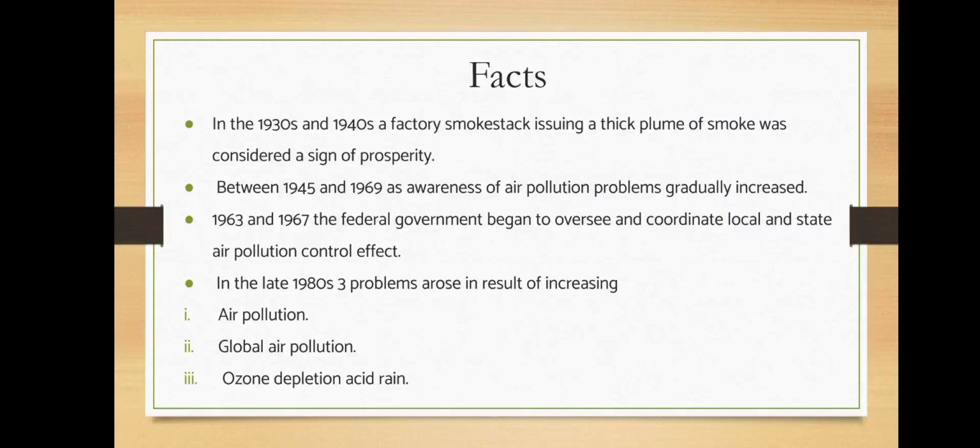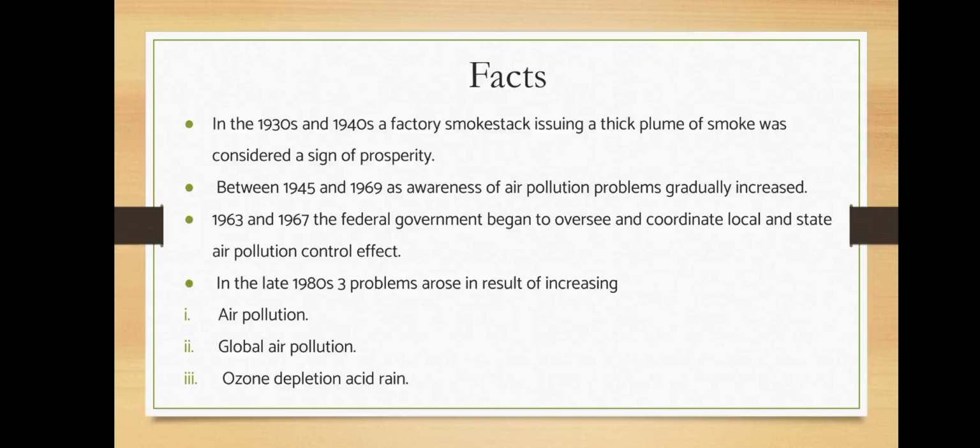In the 1930s and 1940s, a factory issuing a thin plume of smoke was considered a sign of prosperity. Between 1945 and 1969, awareness of air pollution problems gradually increased.